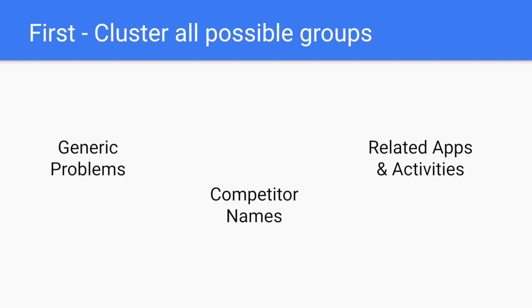We define several main clusters or groups of our keywords. The most important here, and I think this is the most useful and flexible structure you can actually use, is three main groups. So first is generic, second is competitor, and the third is related apps.